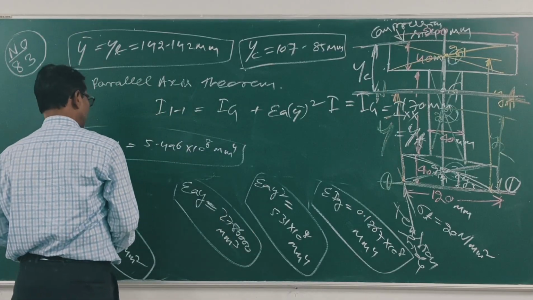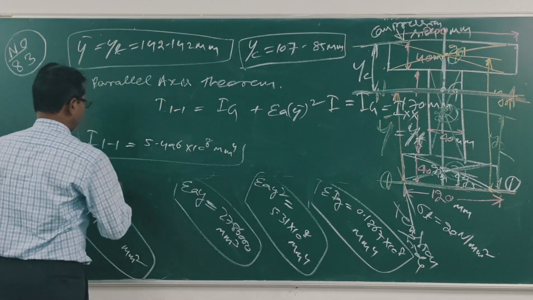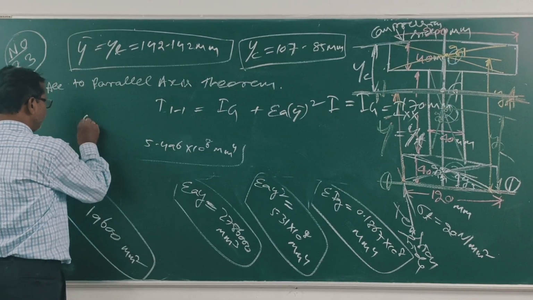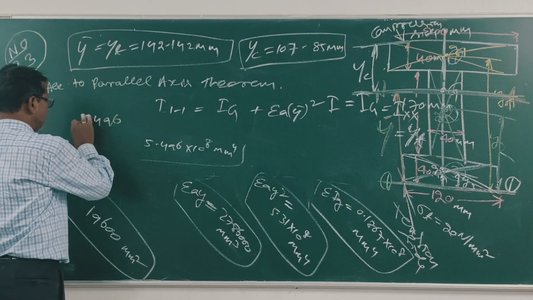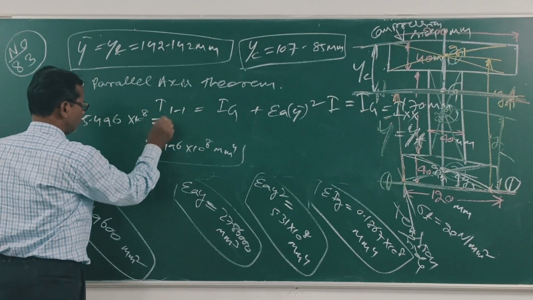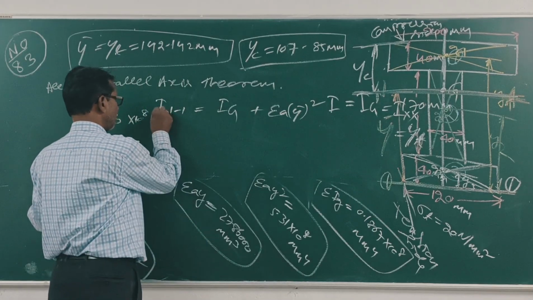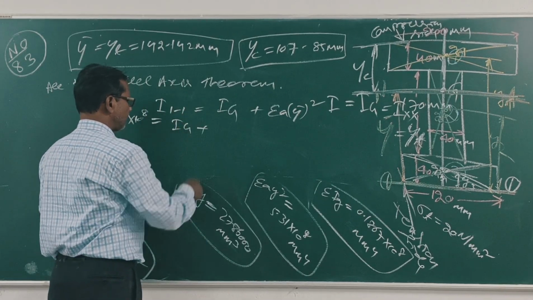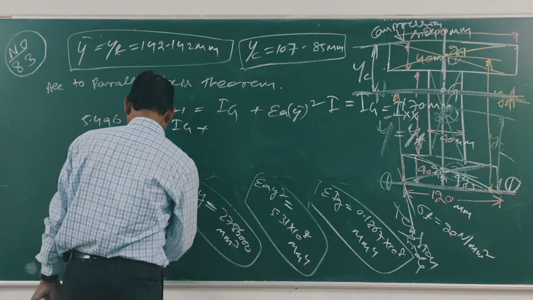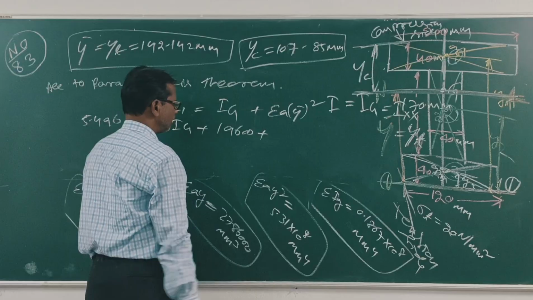I11 means 5.496 is equal to Ig plus sigma A. What is sigma A? 19600 times y bar square.